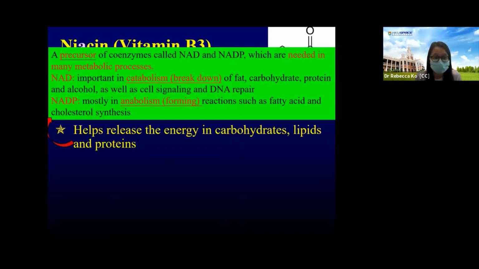Wow, so important, you see. How about NADP? It is involved in the forming reactions of fatty acids and cholesterol synthesis. So you see how important B3 is.